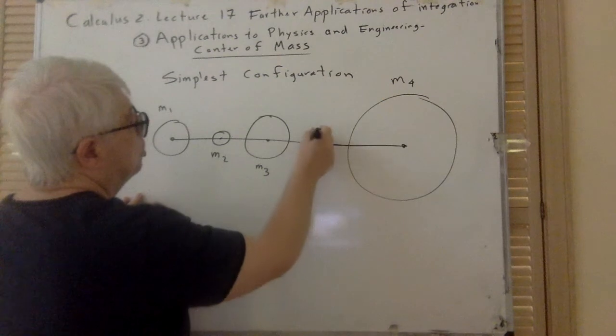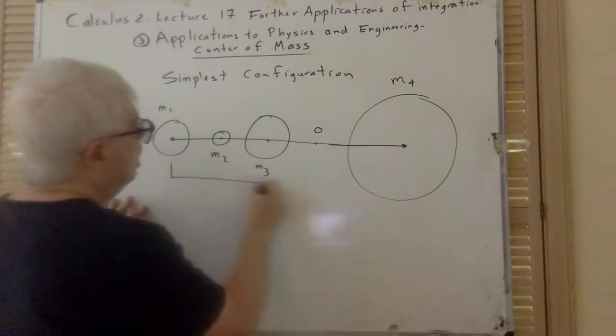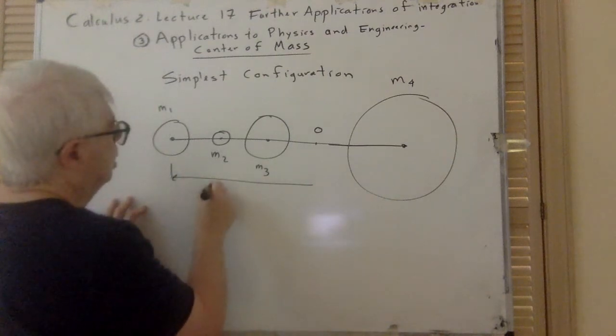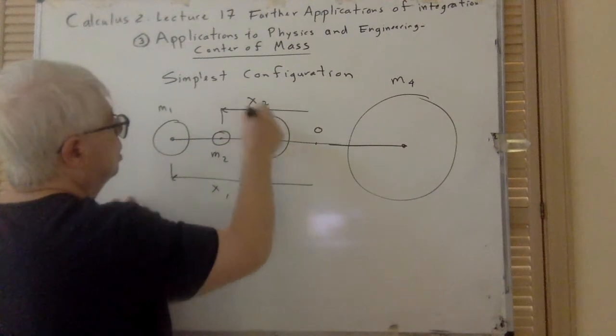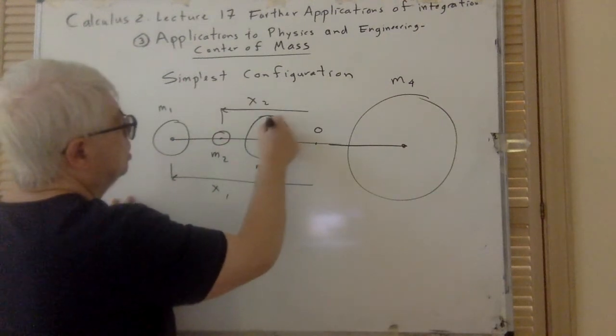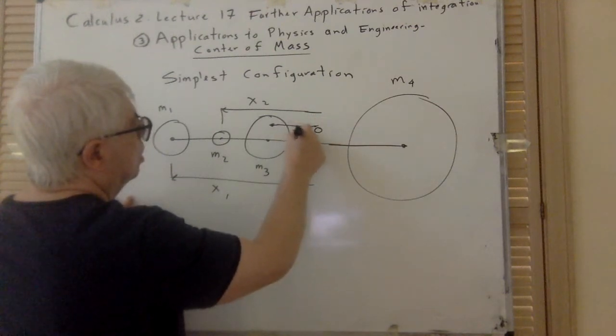If this is point O, a reference point, this one is at distance x1, then this is distance x2, this is distance x3 from O, and x4.